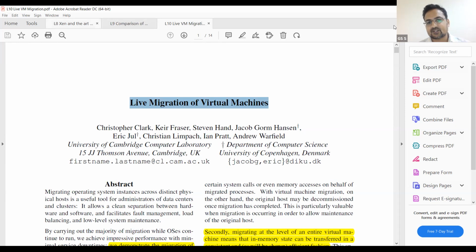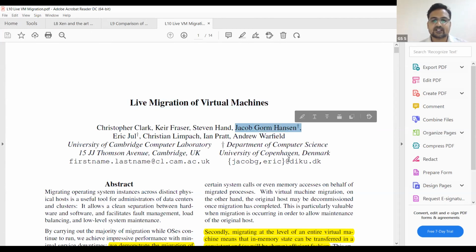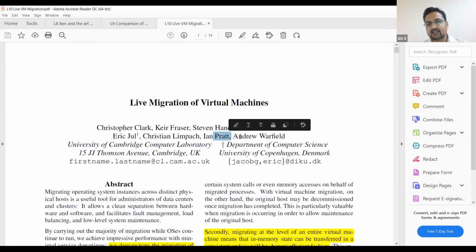Remember, a student whose name is Jacob Gorm Hansen, you can see the name, from the University of Copenhagen, Denmark, one of the top-notch universities with the highest paying scholarship, right? And this one is again a collaboration with Stephen Hand, Ian Pratt, Andrew Warfield.